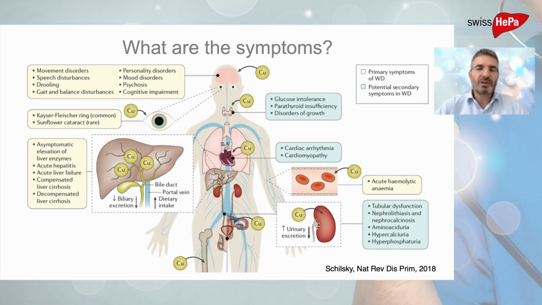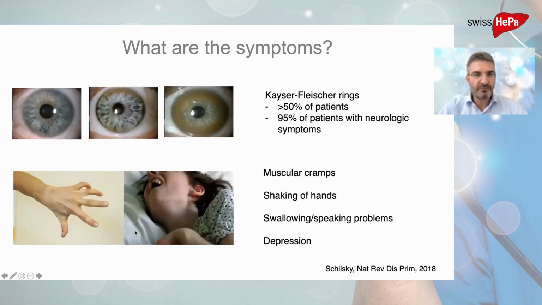And there are other potential secondary symptoms related to glucose or calcium metabolism or disorders of growth. As I mentioned before, the cardiovascular system may also be affected, and the kidney may develop some forms of dysfunction that I'm not going to detail now. But you see, it's a systemic disease.